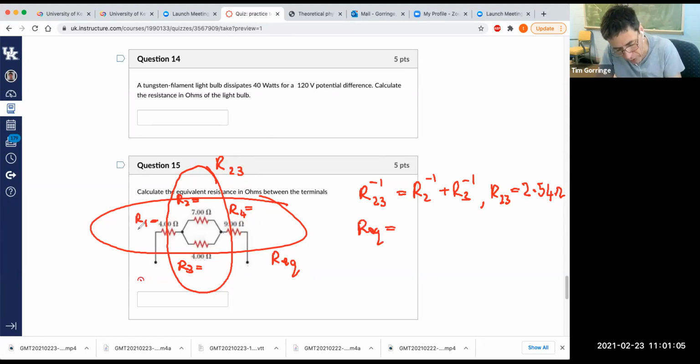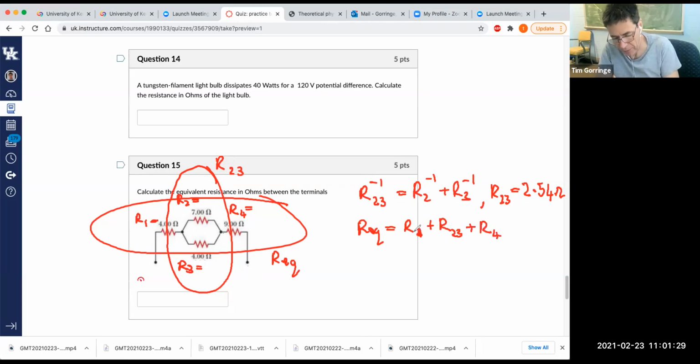Now we want the final equivalent resistance of the entire circuit. Well, once we've replaced R2 and R3 with R23, we've just got a circuit that has in series R1, R23, and R4. And so the equivalent resistance for a series circuit is just the sum of the individual resistors. So it's going to be R1 plus R23 plus R4.